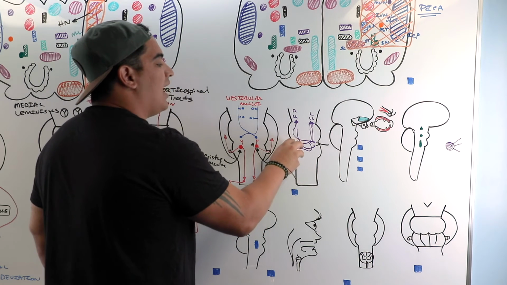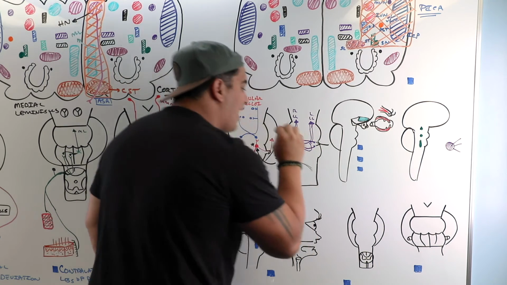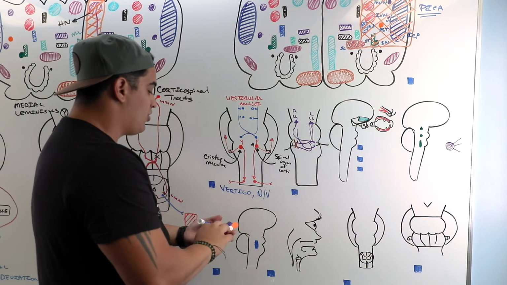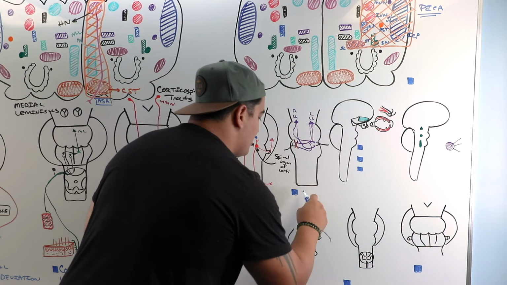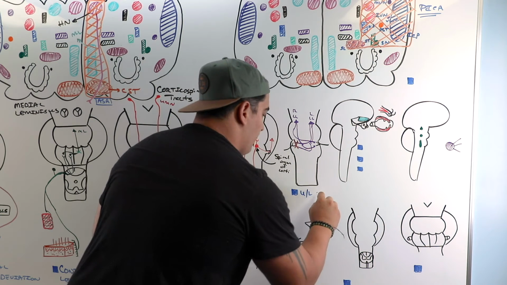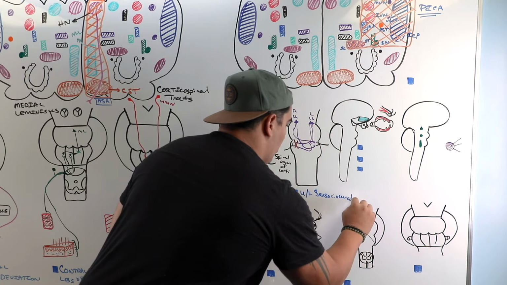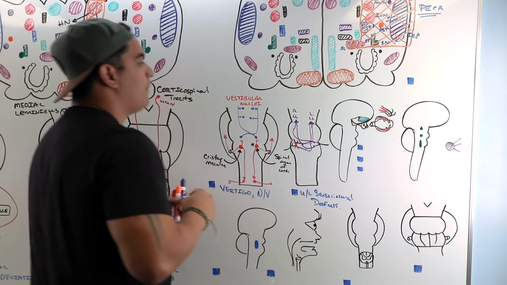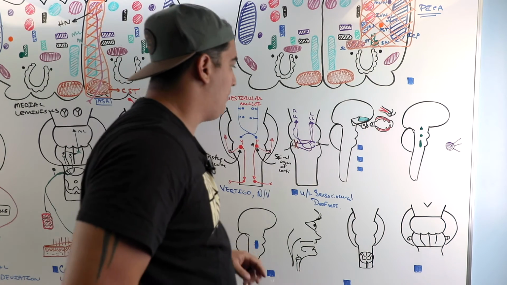They're going to have some type of deafness, a sensory neural deafness, but it might be more predominantly on the right side. So what else can they present with? Because you damage these cochlear nuclei, they may present with more of a unilateral sensory neural deafness. Okay, so there might be a little bit of deafness, vertigo, nausea, vomiting.